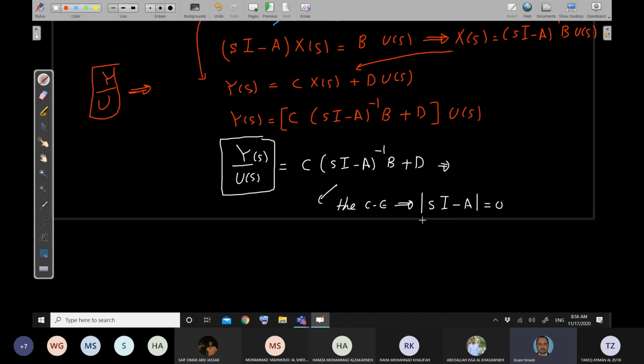Good. So let's take an example now to highlight the thing. Let's go to another page and start with a simple example. Let's assume that we have the same system with two representations. The first one, x dot equals [0, 1; minus A, minus B] x plus [0; D] U, the first representation.